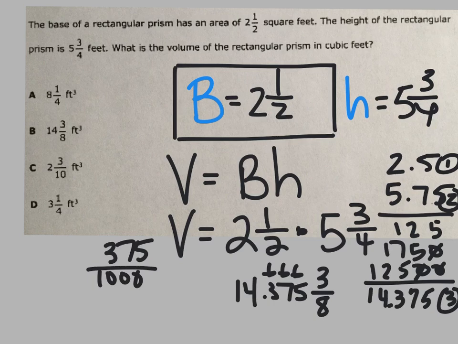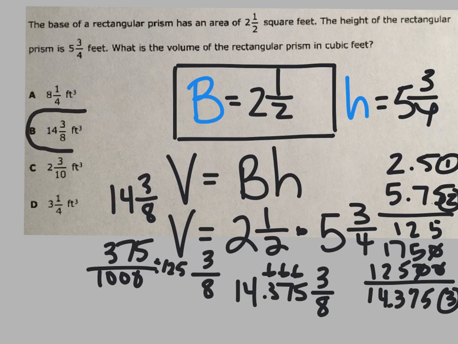And I could simplify. I could do it by 5 over and over again until I'm finished, or I might recognize I could simplify this by 125, which would give me 3/8. 14 3/8. And is that an answer choice? It sure is. 14 3/8 cubic feet.